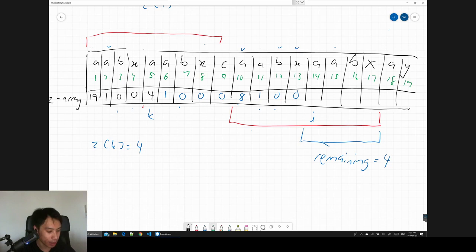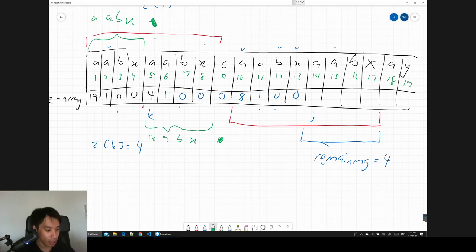Number 1, if Z K equals 4, it means the 4 alphabets here, AABX, are the same as the first 4 alphabets here, AABX. Right? And the next alphabet is not the same, because A and C are not the same. This part you agree. Okay?